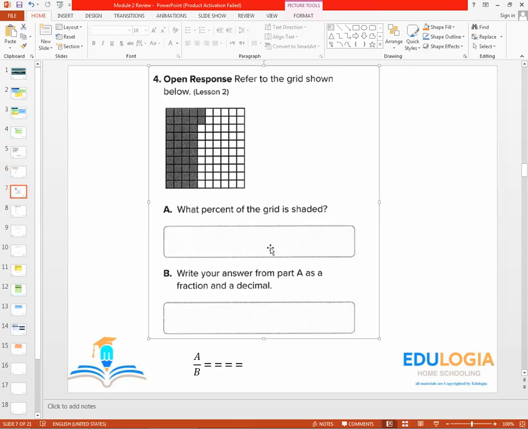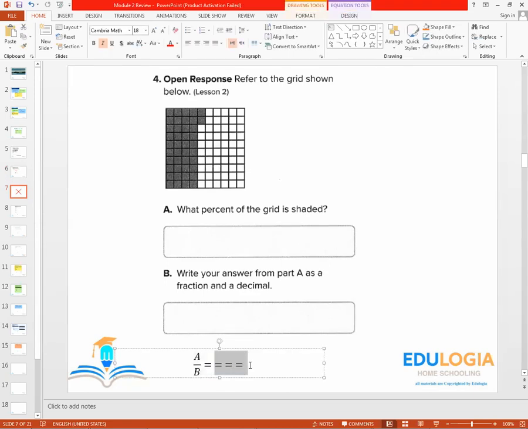Once again, refer to the grid shown below. What percent of the grid is shaded? I'll count this way: 10, 20, 30, 40, 41, 42.